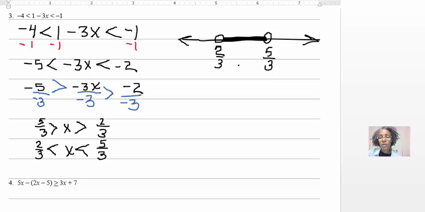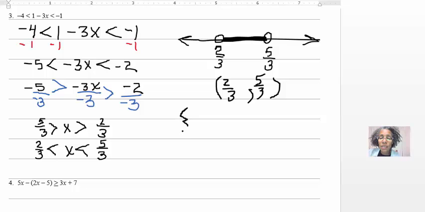Let's now show it as an interval. Well, neither endpoint is included, so I have two parentheses. It kind of looks like an ordered pair, but it actually is different from an ordered pair. It's representing all the numbers in between these two numbers.